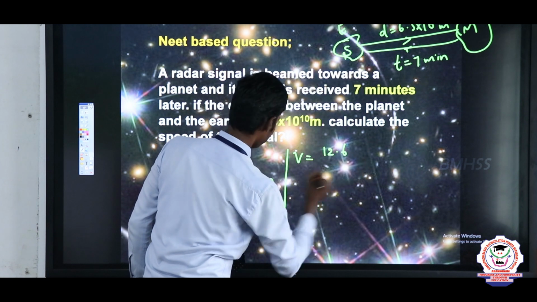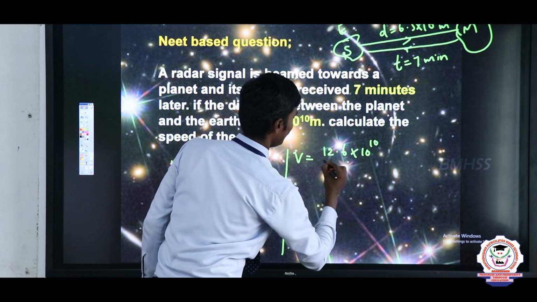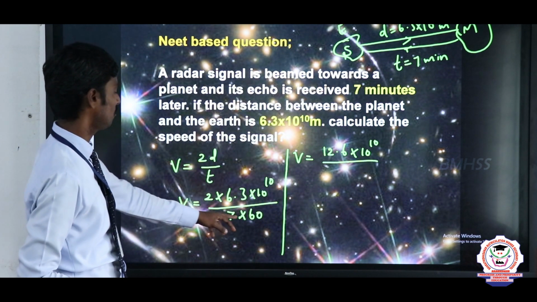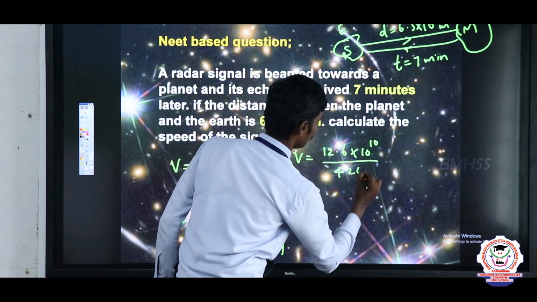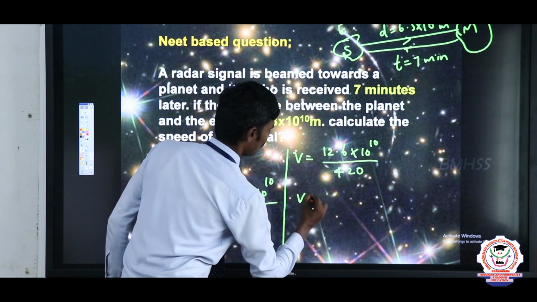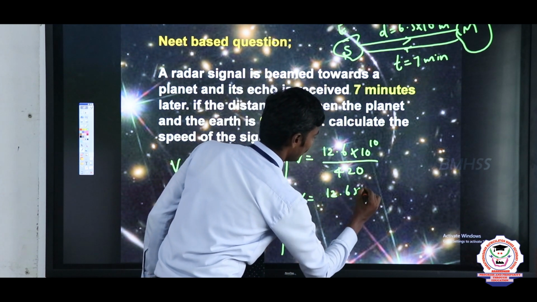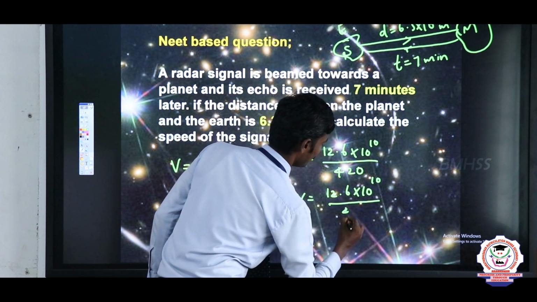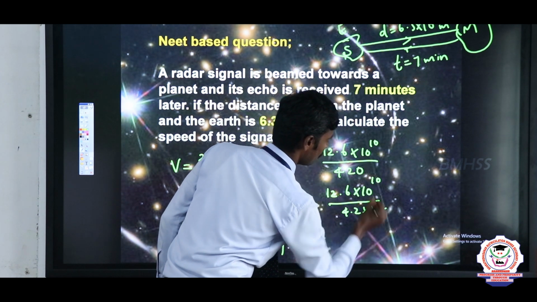12. Yes, 6 into 10 power 10 divided by 7 into 6, that is 42, yes, 4.2. So simplify this value, b equal to 12.6 into 10 power 10 divided by 4.2 into 10 power 2, the same value only.